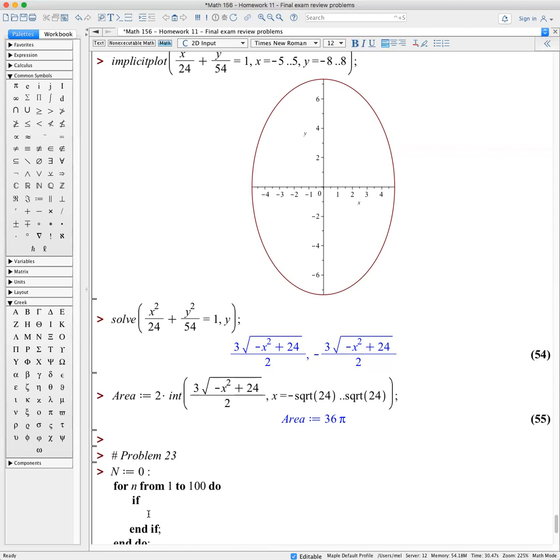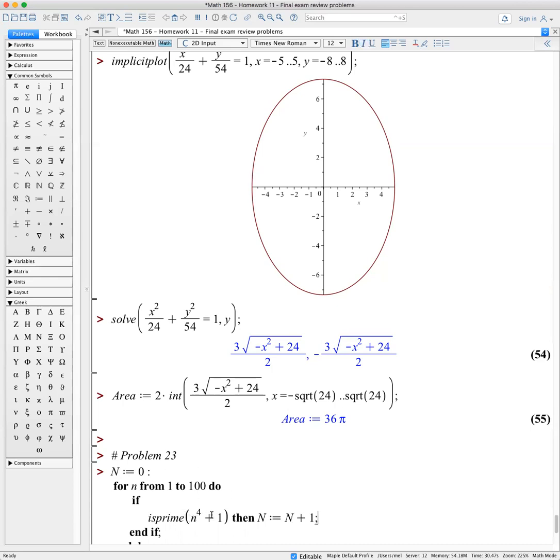So if n to the 4th plus 1 is prime, so isprime of n to the 4th plus 1 is my Boolean function. If this is true, then replace k by k plus 1.